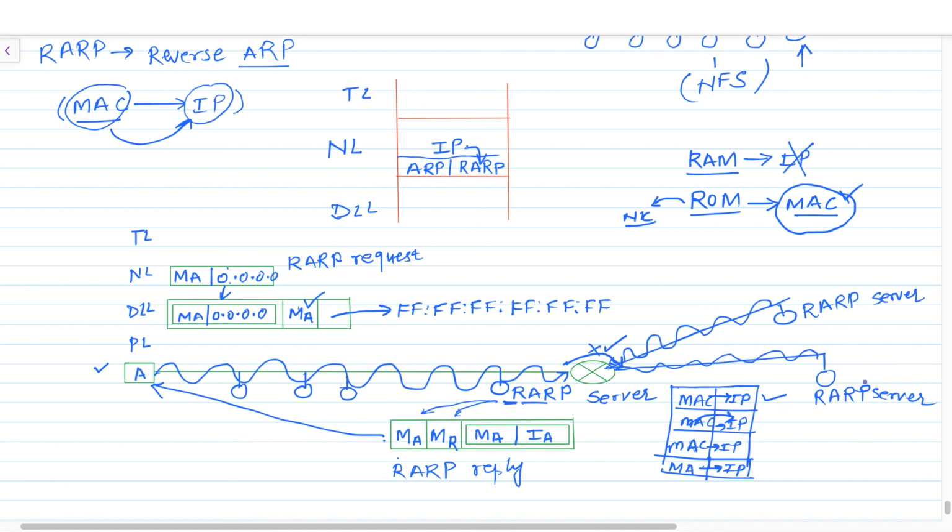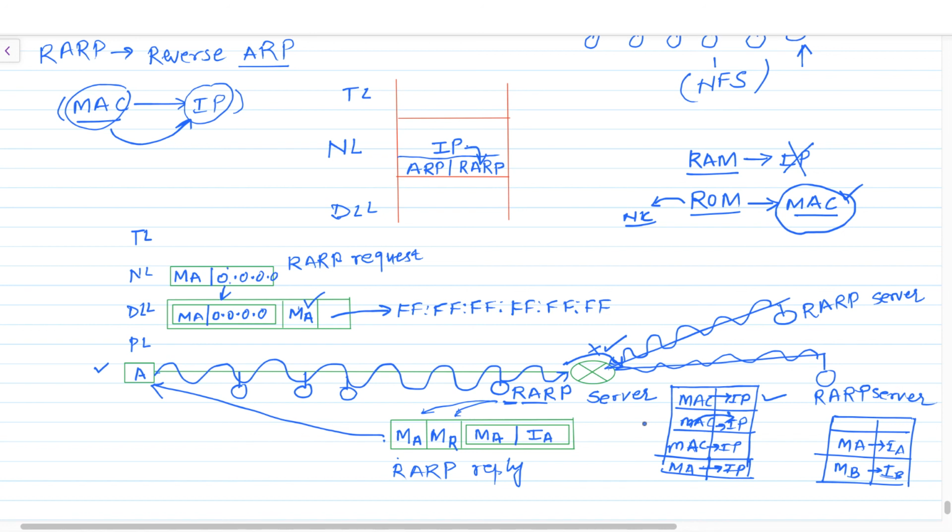The other thing is that this RARP server is going to maintain a static record. Means for each system, suppose there is a host A, another host is B, and they have MAC addresses MA and MB, it is going to associate a static IP address with each host. So the disadvantage is that even if you are using half of the systems at a time, those half of the IP addresses will not be in use.